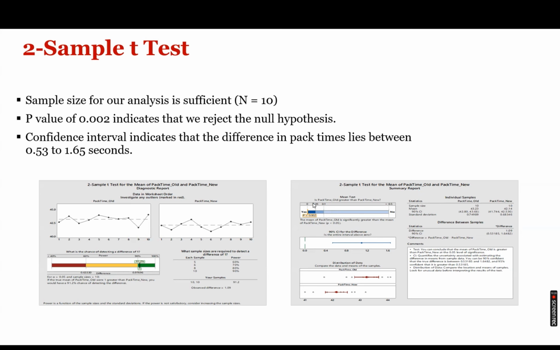Step number four says if the p-value is less than or equal to 0.05, we reject the null hypothesis. This is less than 0.05, so we reject the null hypothesis. What was the null hypothesis? That the new machine is not packing faster than the old machine. We reject that. So what would be our conclusion? The new machine really packs faster than the old machine. This is how hypothesis testing is done.